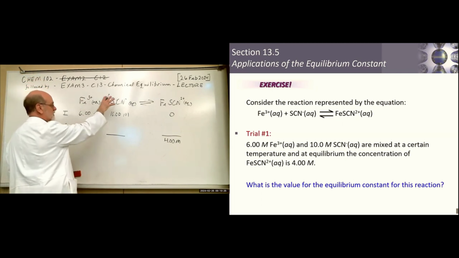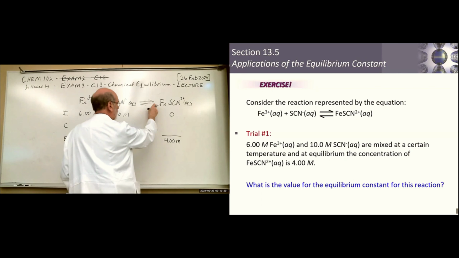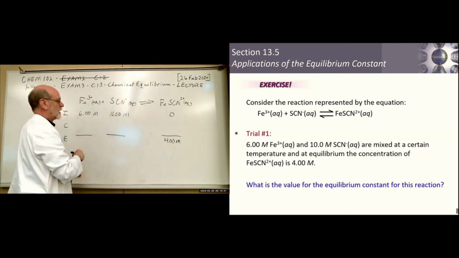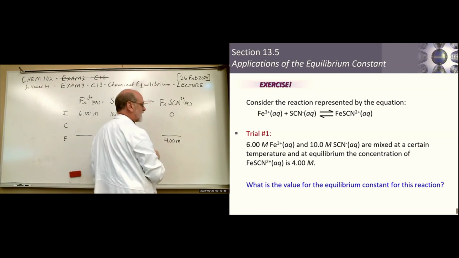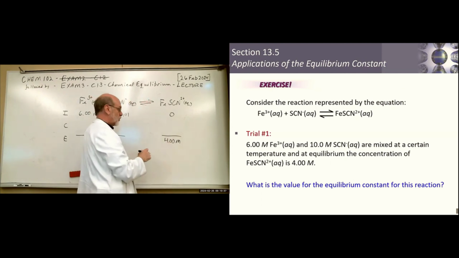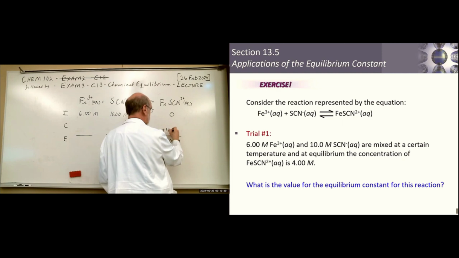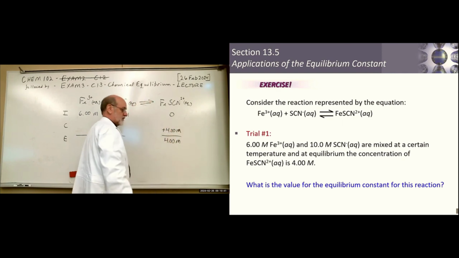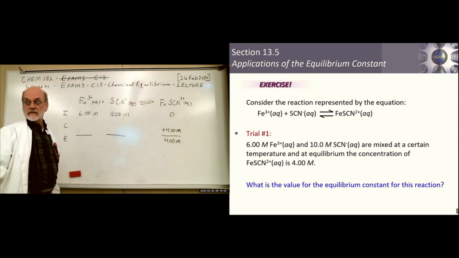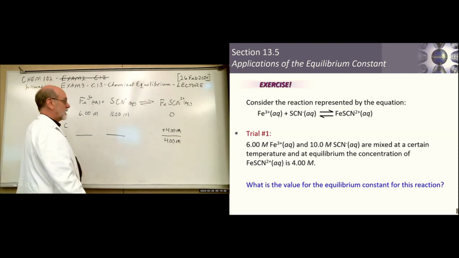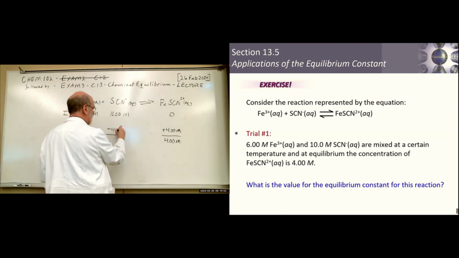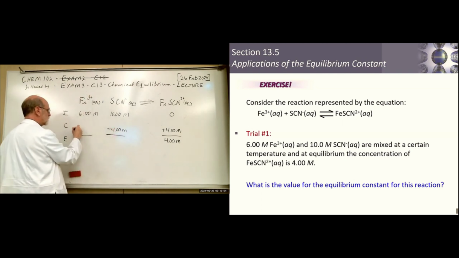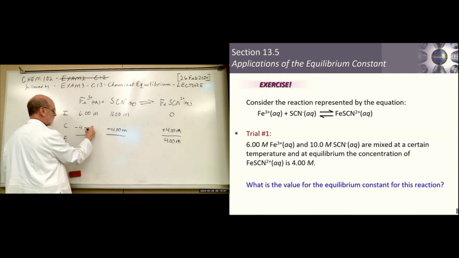So with this balanced equation, we have a 1 to 1 to 1 ratio. Then if we end up with 4 molar here, how did it get there? Well, the change was a plus 4 molar change. That's the only way you can get there. Where did that come from? Well, if it's 1 to 1 to 1, we had to lose 4 molar on this side, and we had to lose 4 molar here.